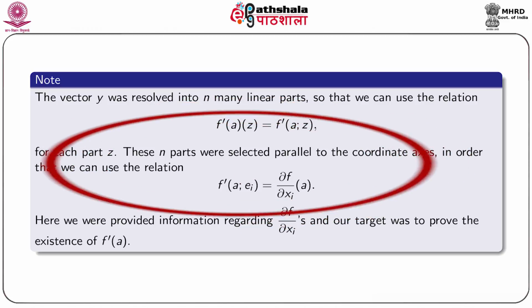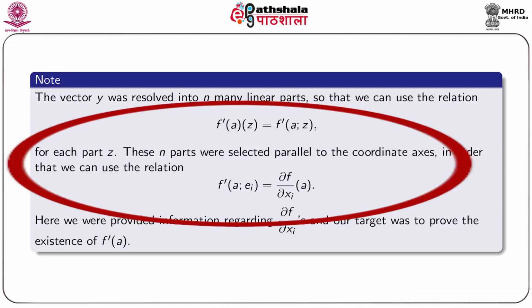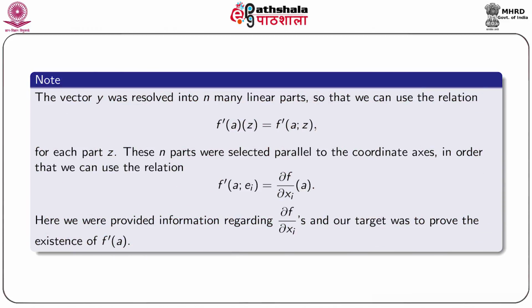And also we selected all these parts parallel to the coordinate axis, that is, those vectors were scalar multiples of the vectors E I. We use this because we wanted to use the relation vector derivative f dash a E I equals del f del x I at the point A. If we look at the statement, we were provided information regarding the partial derivatives and our target was to prove the existence of f dash a.